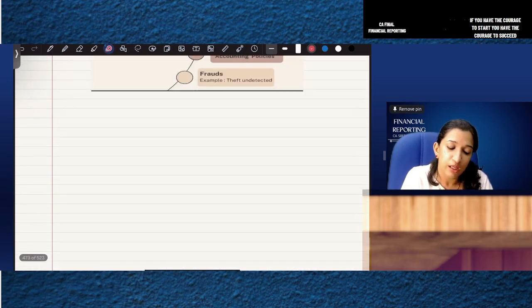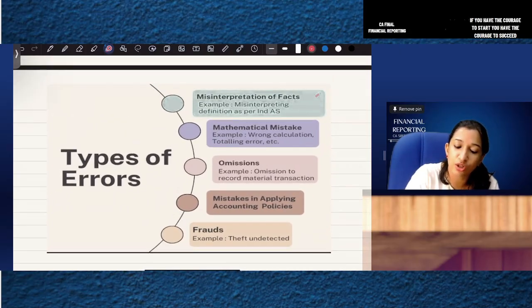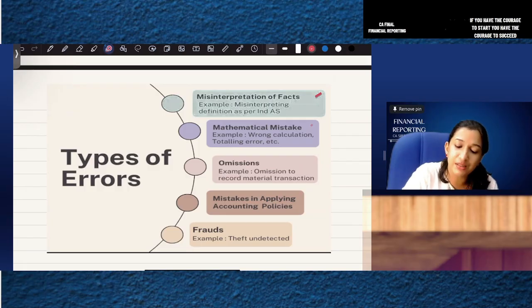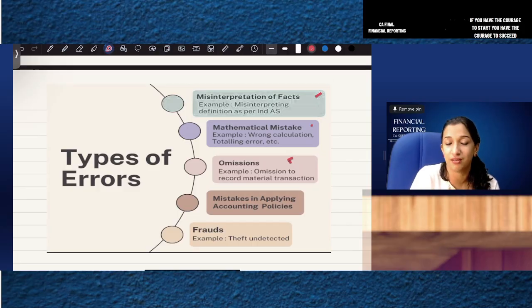Once more, these errors include misinterpretation of facts, mathematical mistakes, calculation errors, and omission to record a material transaction. What is material? A transaction is said to be material if its omission influences the decisions of users.